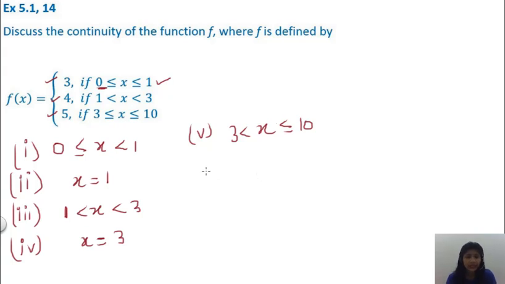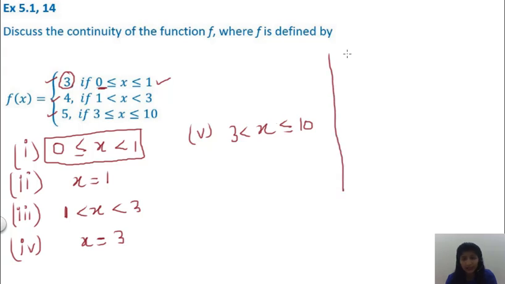So let us start with the first case. In the first case, you see the value of x is from 0 to 1. Now between 0 and 1, is the function value changed? You see it is always 3. So case 1, when I solve, is x lying from 0 to less than 1.